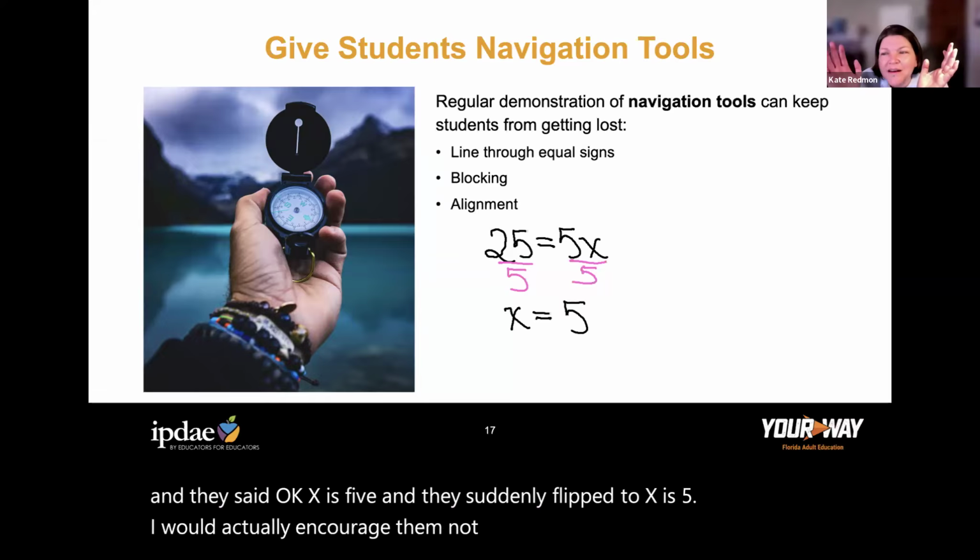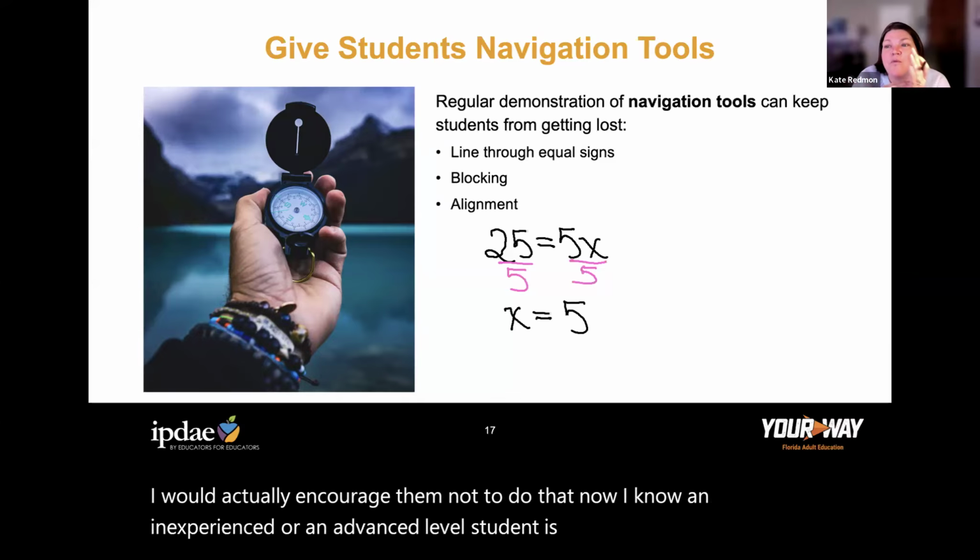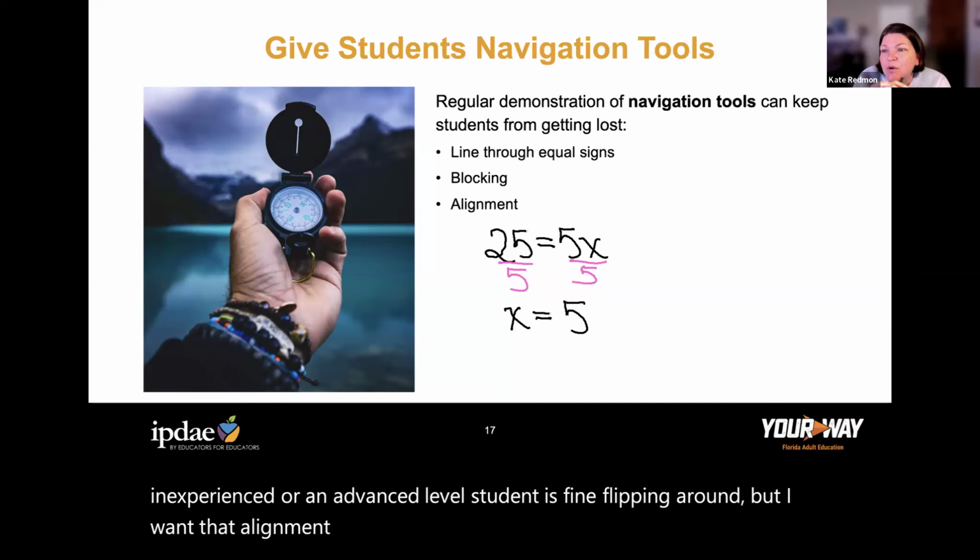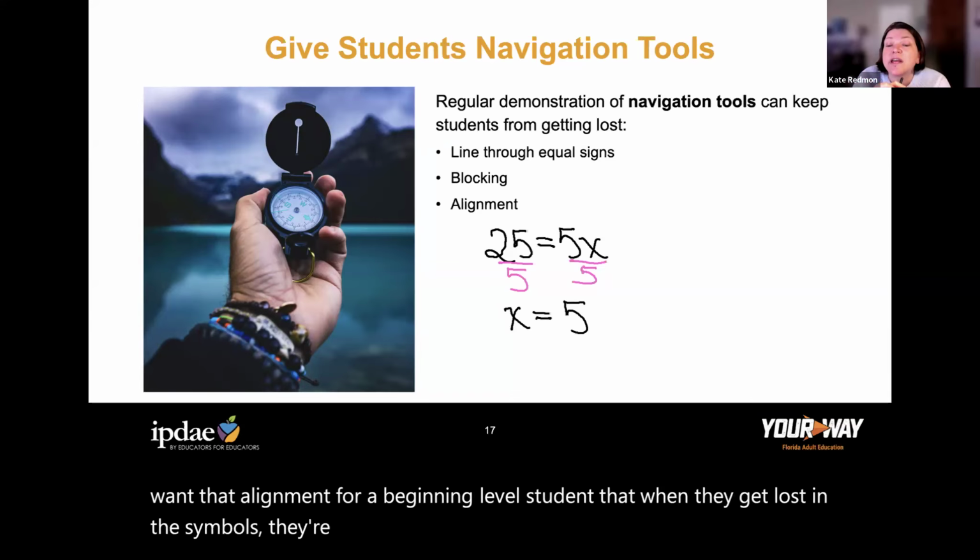Now, I know an experienced or advanced level student is fine flipping around, but I want that alignment for a beginning level student, so that when they get lost in the symbols, they're able to look straight up to see where it came from. Right now, I can't do that.